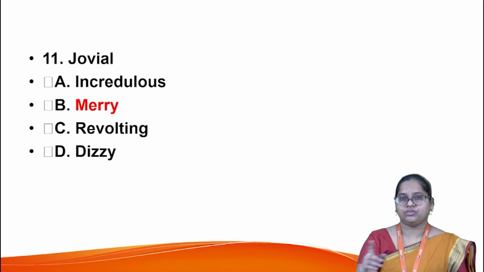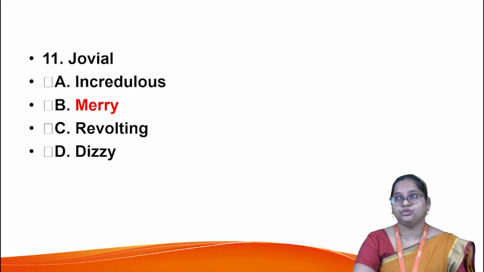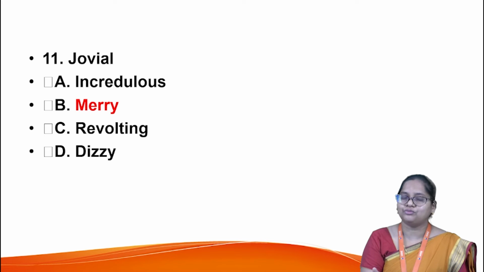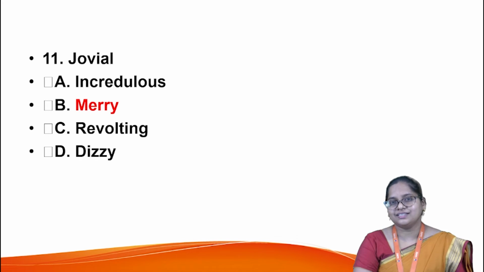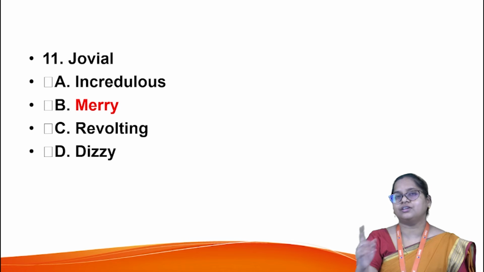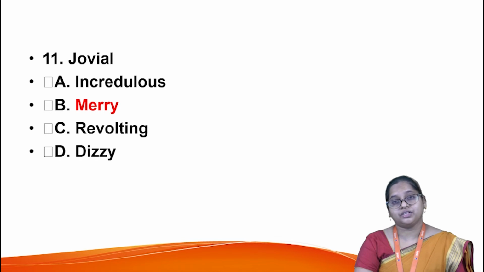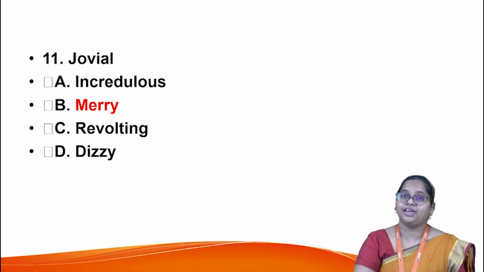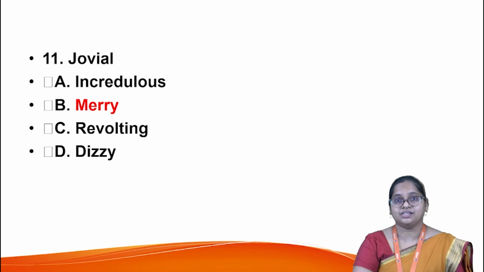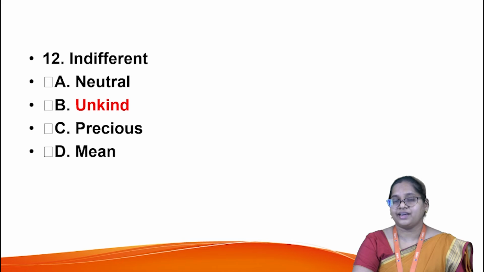Dizzy is being very dizzy, like a reel, where you find the whole world upside down and you no longer feel comfortable. You experience a kind of whirlpool sense, you turn around and see the world upside down. That's the dizziness we understand. So merry is the right answer.